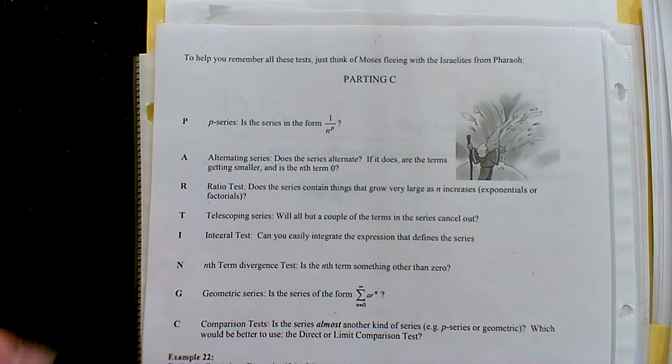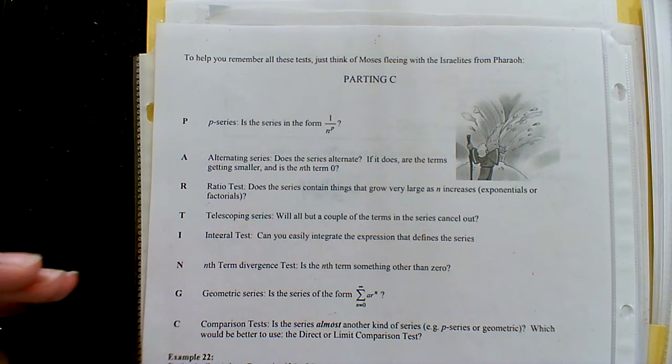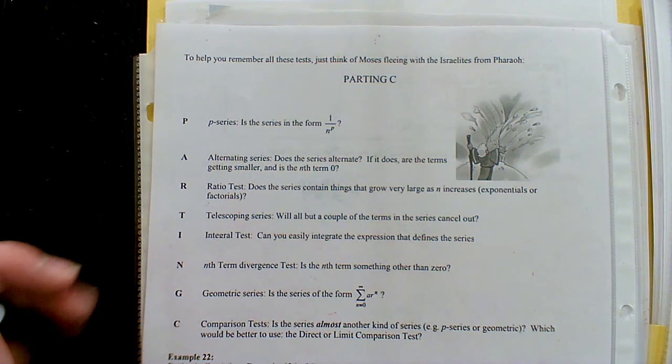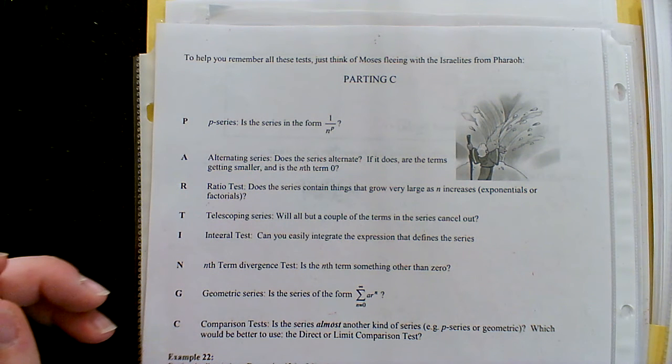So the parting sea. And we can say, let's see, I guess it's not on there, is it? Well, you can think we did the root and the ratio test together.